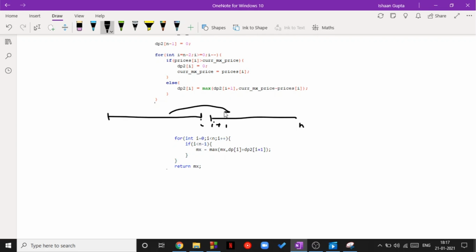We have to take the maximum of the sum, and we have to assign maximum initially as DP of n minus 1, which means if we make only one transaction, it takes all the values. Then we will perform this operation, and then we will return the max. That's the solution of best time to buy and sell.